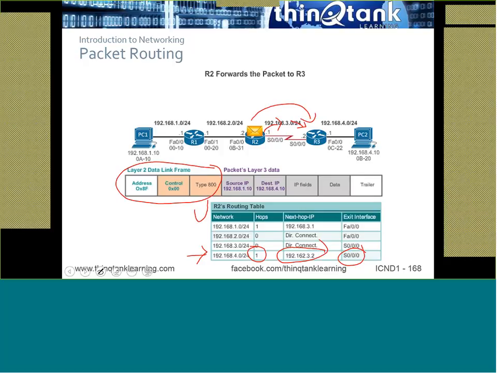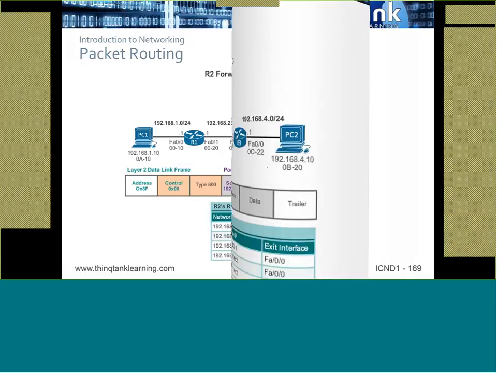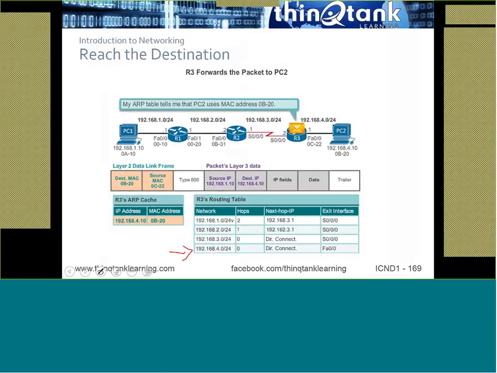Router 3 receives the envelope. What's the first thing it does? Is it for me? Well, this is for anybody that receives it, so the router says, okay, I'll open the envelope. Guess what the router does? Looks at the destination IP, looks at its routing table and says, oh, the 4.0 subnet is directly connected to Fast Ethernet 00.